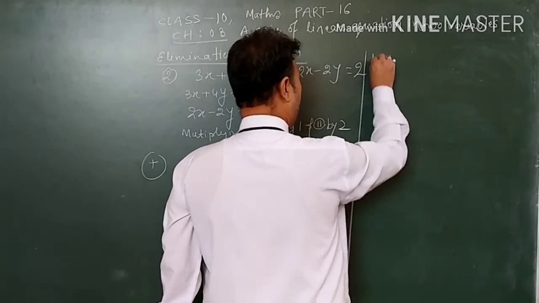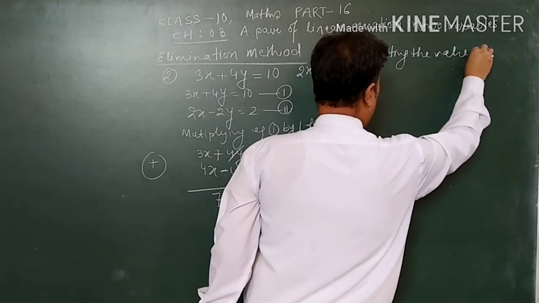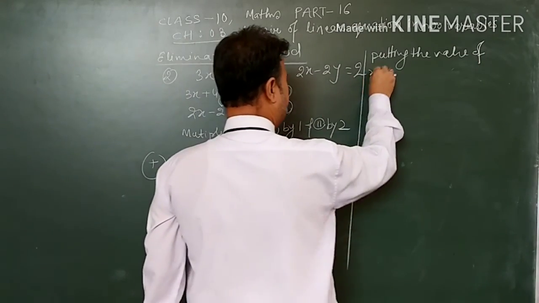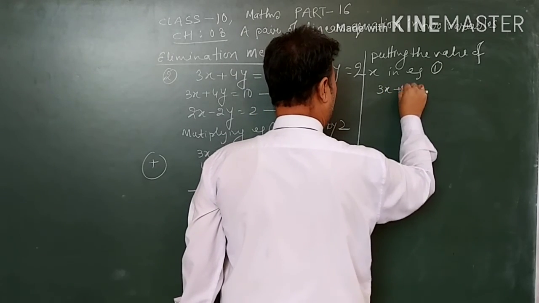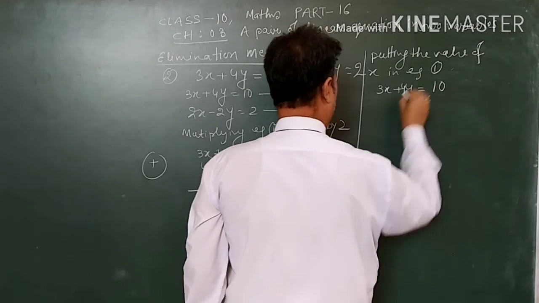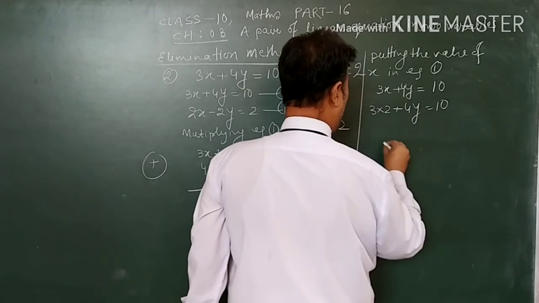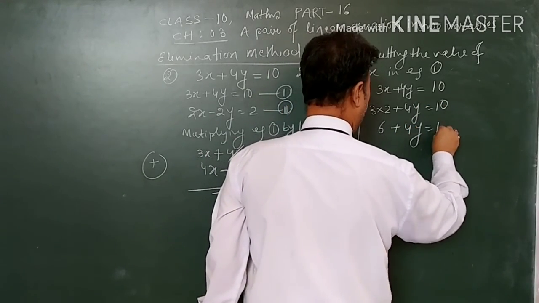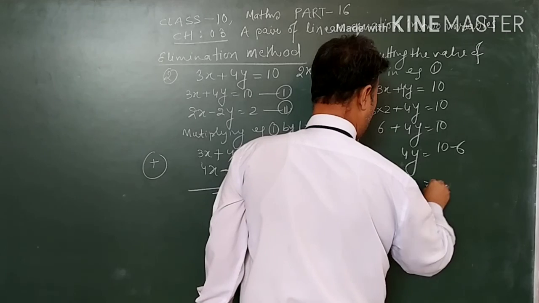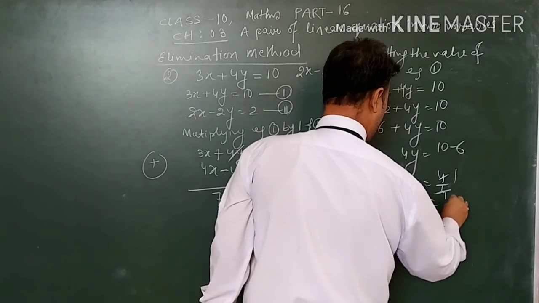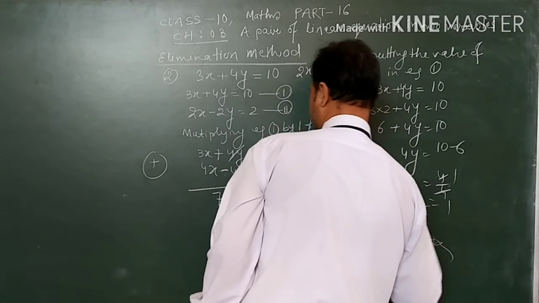See, putting the value of x in equation 1, 3x plus 4y is equal to 10. 3 into 2 plus 4y is equal to 10. 6 plus 4y is equal to 10. 4y is equal to 10 minus 6. y is equal to 4 upon 4 is equal to 1. y is equal to 1. x is equal to 2, y is equal to 1. This is the solution. This is the answer.